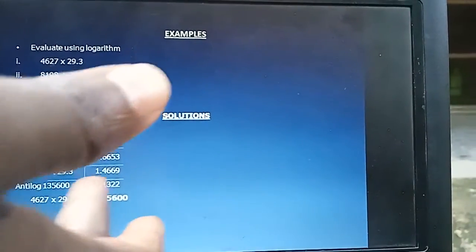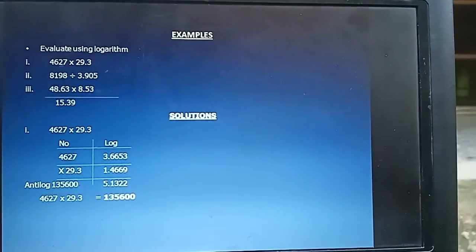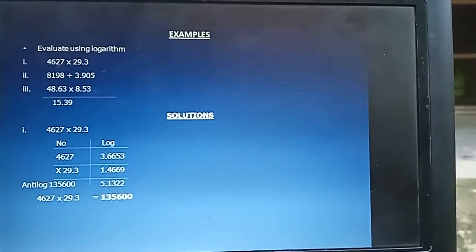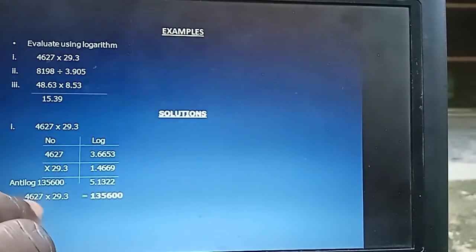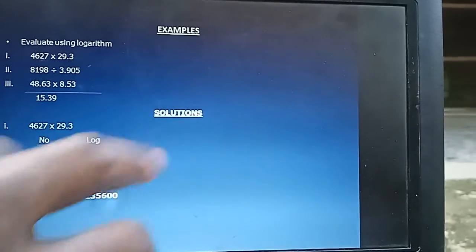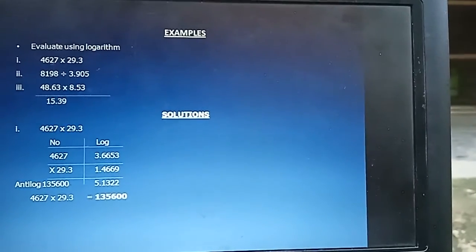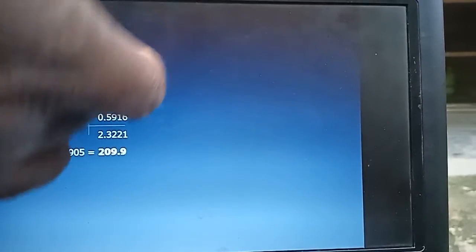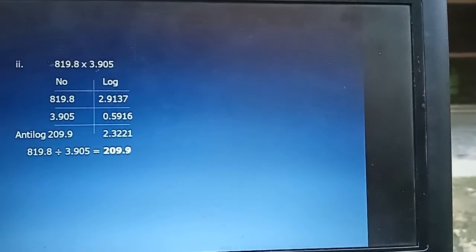It's 135600. 4627 times 29.3 gives you this. Is that clear? Then you should move to the next example. It's the same thing as example number 1. Do you get it?